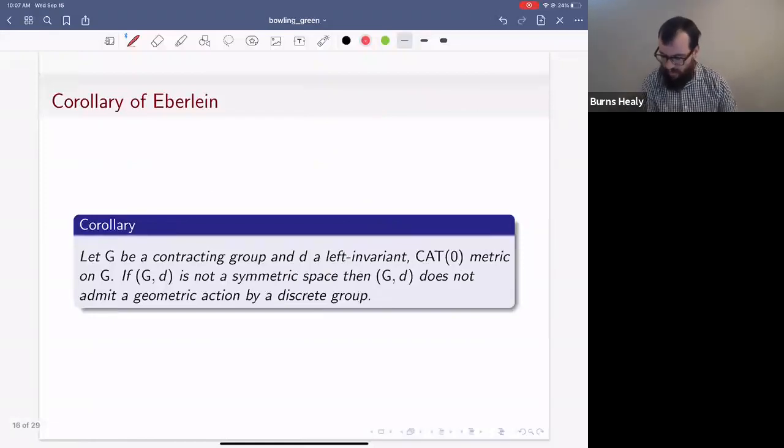So then the corollary of that is the following. If you have a contracting group and you give it a left invariant cat-zero Riemannian metric, then if the resulting object is not a symmetric space, then in fact that group with that left invariant metric does not admit a geometric action by a discrete group.